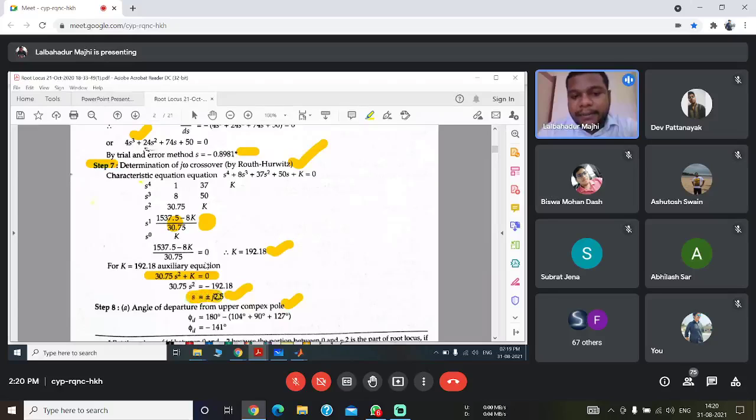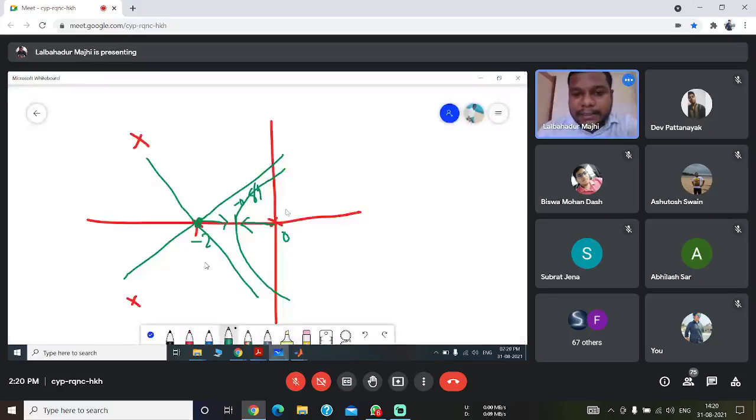At s equal to plus minus j2.5, it will cross the j omega axis. So this point is plus j2.5 and this point is minus j2.5. So our root locus moves in this direction towards infinity.